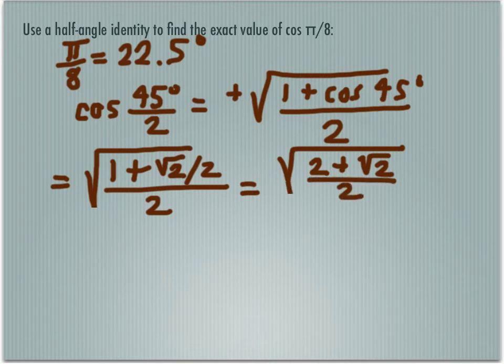All that stuff's going to be in the numerator. Basically, I just multiplied 1 here by 2 over 2, so I could write that equivalently. And my denominator here would be also the square root of 2, because you have to place that square root in both the numerator and denominator.